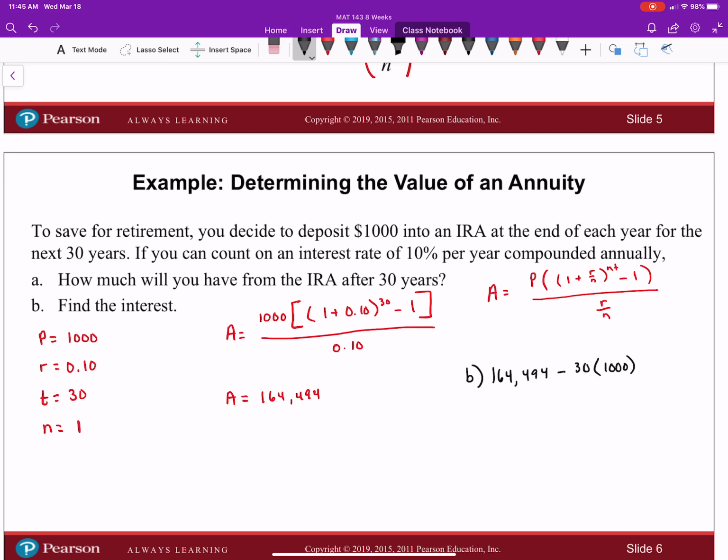So that would be $30,000, of course. And you should end up with $134,494. So that interest is nearly 4.5 times the amount of your payments. That's how much interest that you gain, which is pretty good, considering.